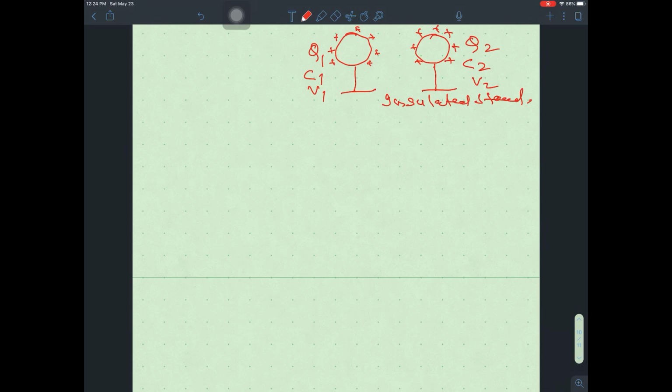Their capacitances are different, so the amounts of charge are different, and they are kept on an insulated stand.